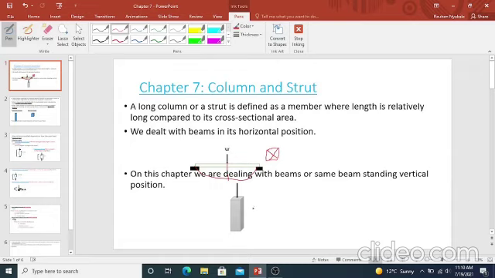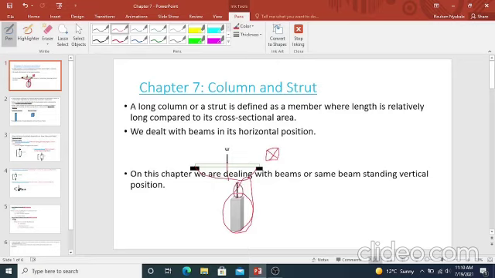But on your columns and struts, we will be dealing with beams standing vertically. So in this chapter, we are dealing with the same beam, but now standing in a vertical position. We'll be examining what is going to happen to this beam when the force is being applied.